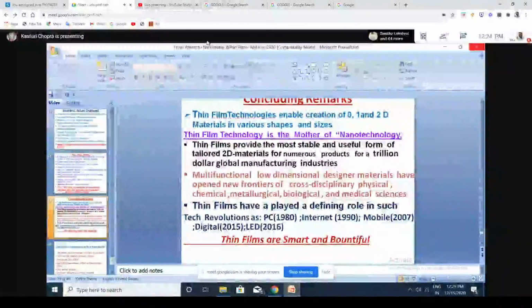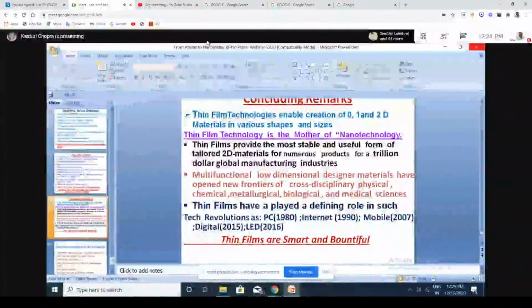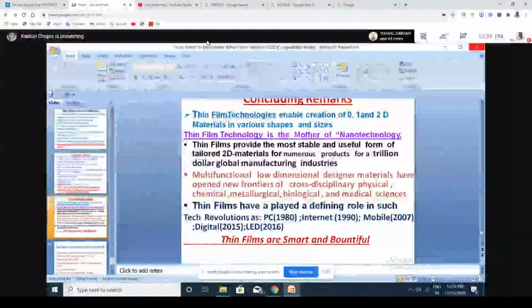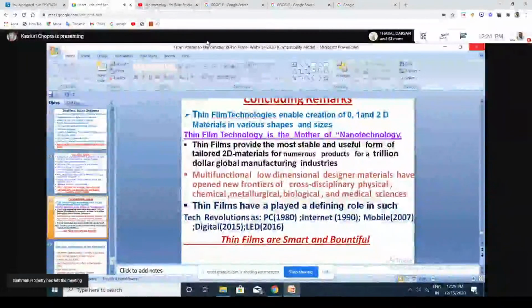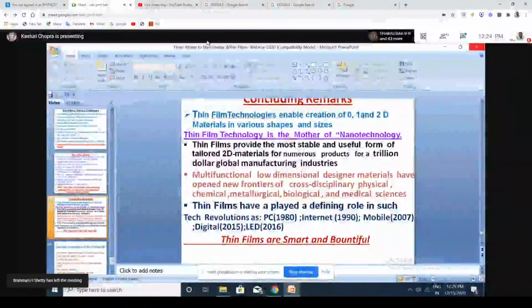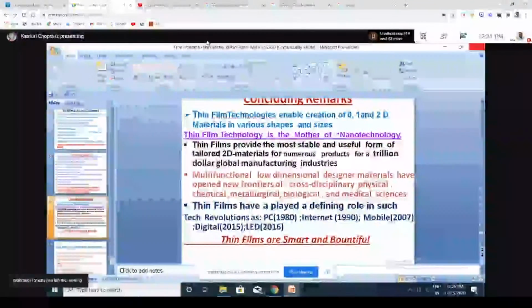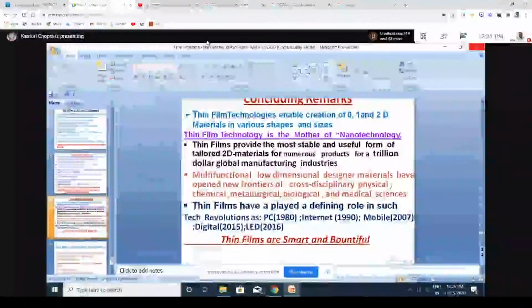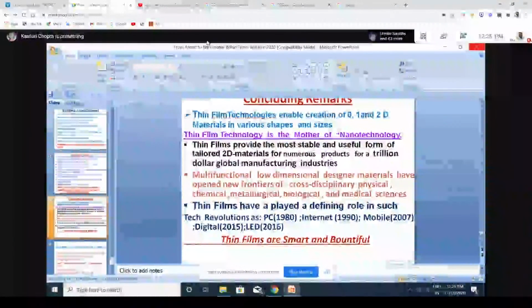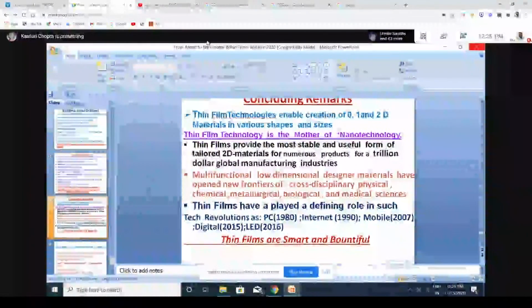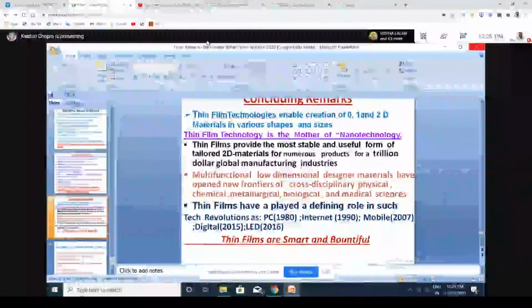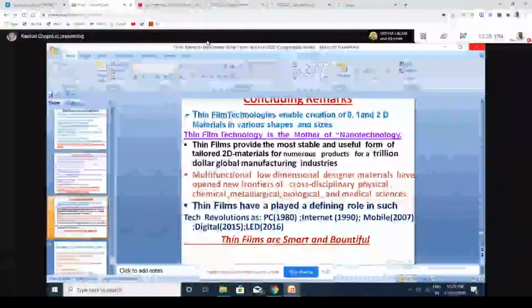Multi-dimensional, multifunctional, low-dimensional designer materials have opened new frontiers of cross-disciplinary physical, chemical, metallurgical, biological, and medical sciences. So they are playing a very important role. They have played in all our tech revolutions: the PC revolution, internet revolution, mobile revolution, digital revolution, LED revolution. And this is all due to thin films.